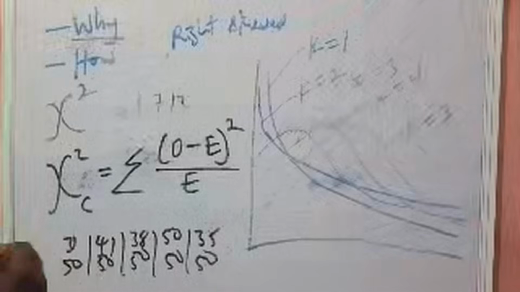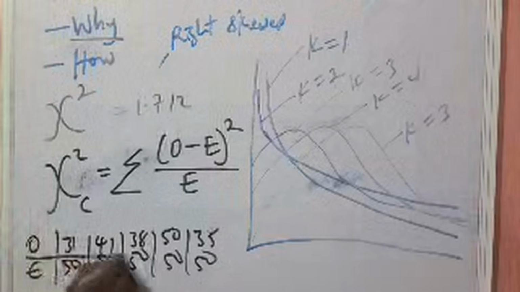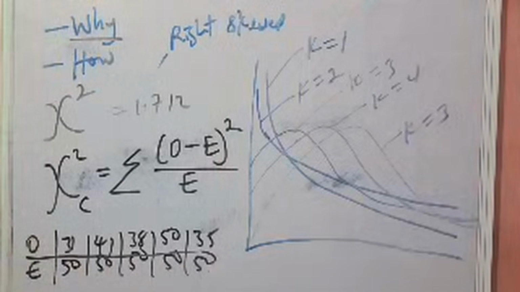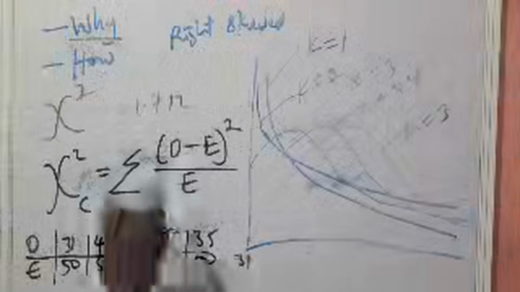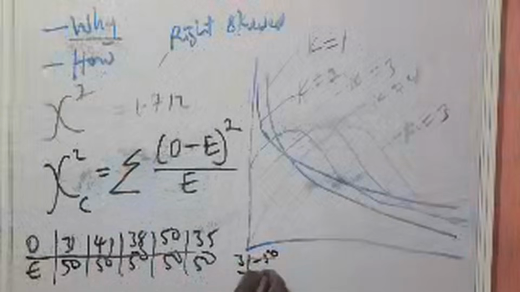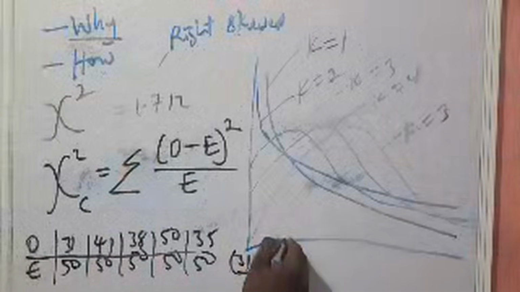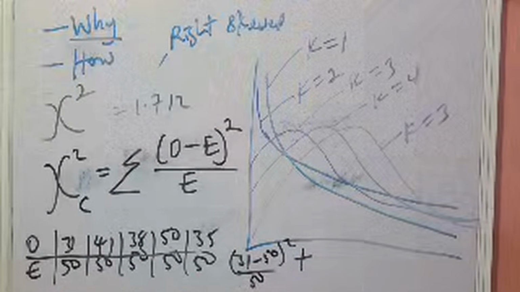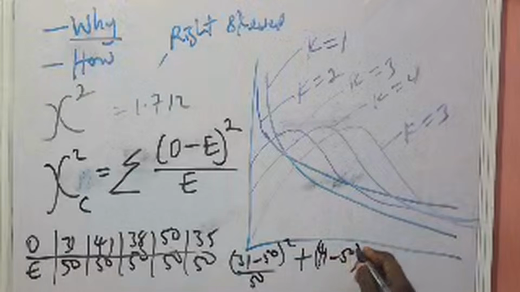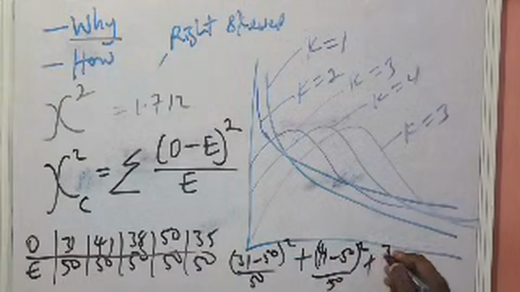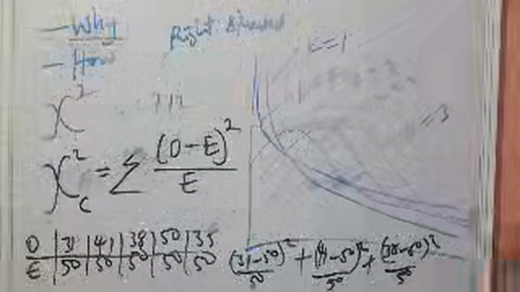So what you want to do in a case like this is, the observed, this is the expected. So what you want to do is go on to say (31 minus 50) squared over 50, plus (41 minus 50) squared over 50, plus (38 minus 50) squared over 50, plus every other one.